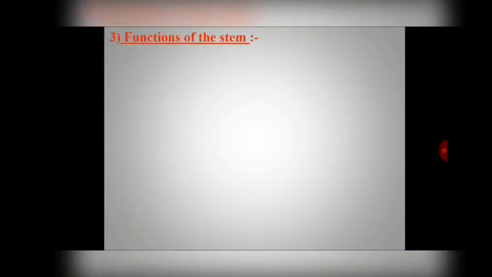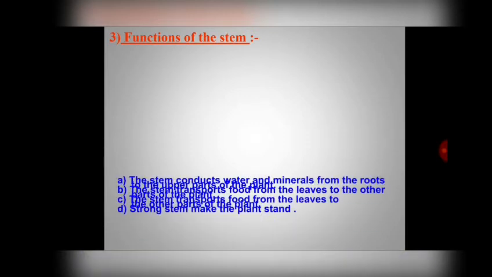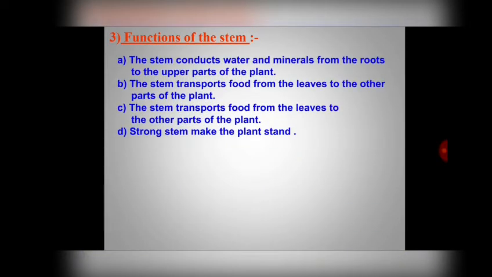What is the function of a stem? The stem conducts water and minerals from the roots to the upper part of the plant. The stem transports food from the leaves to the other parts of the plant. So we can say that the stem transports food from the leaves to other parts of the plant also.